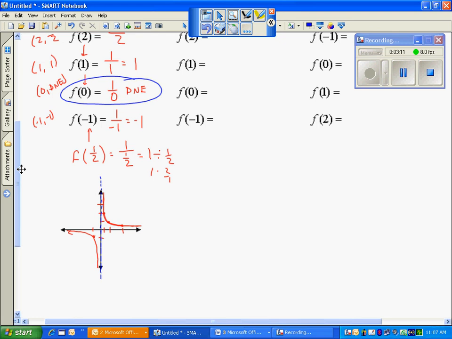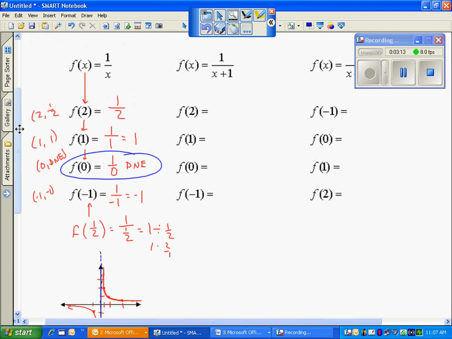Let's try a couple more. In my function for x goes 2, simplifying. Into my function goes 1. Those fractions all appear to be okay. Does the 0 appear to be okay when I put 0 in? Yes, it does. But as soon as I put in that negative 1, now I have 1 over 0, which does not exist.